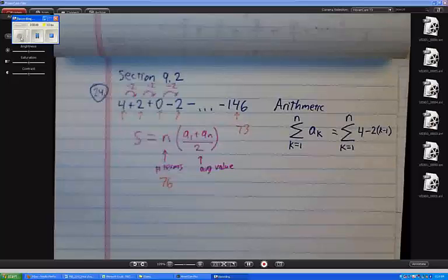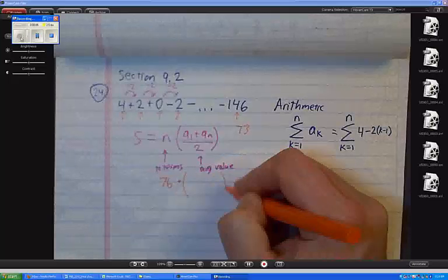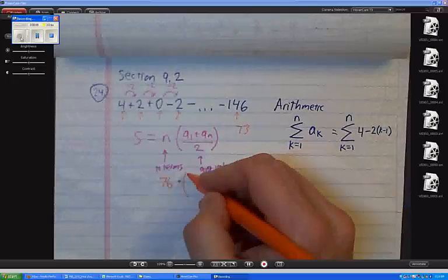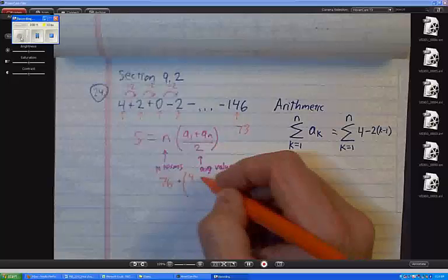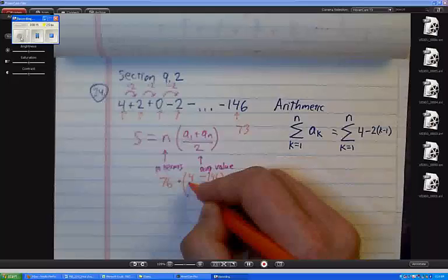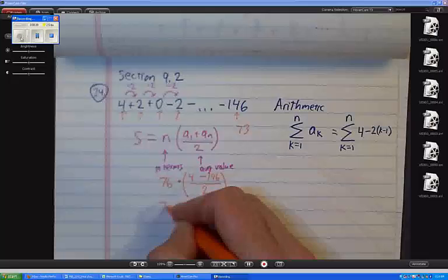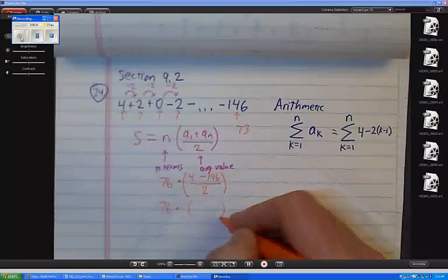Now, the average value, well, I can actually fill those in because I have the first term, which is 4. I have the last term, which is negative 146, over 2. So the average value is going to be negative. I can see that. 76 times, let's see, negative 142 over 2 is negative 71.